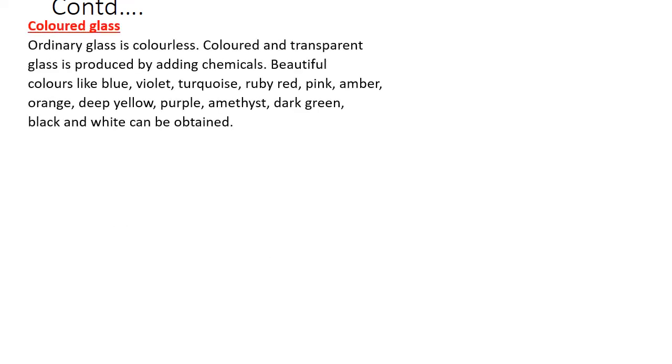Colored glass. Ordinary glass is colorless. Colored and transparent glass is produced by adding chemicals, so you get different colors.